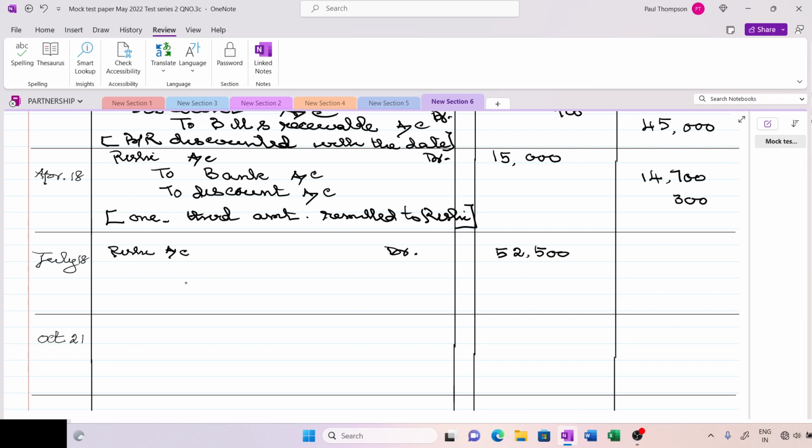He has to make payment on this bill, so to bills payable account 52,500. Who will accept it?